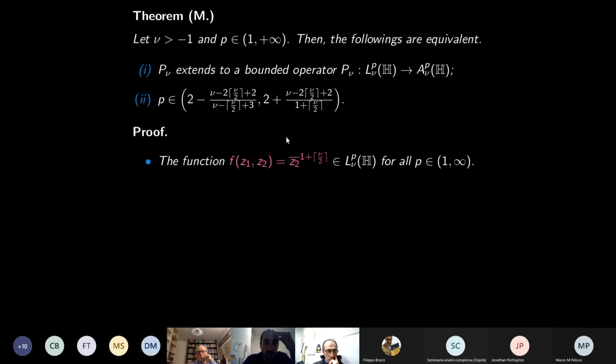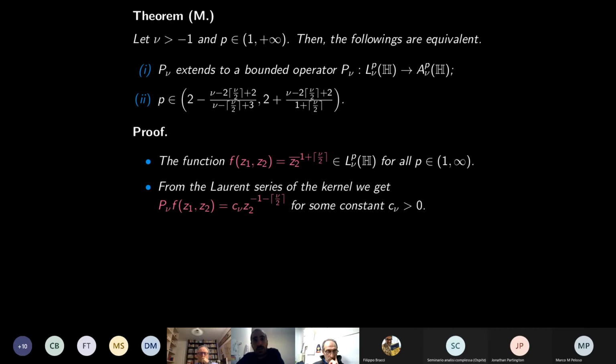So, for instance, now we consider the following function to prove the unboundedness of the projection. f of z1, z2 equals z2 bar to the power 1 plus the ceiling function of nu over 2. So this function easily belongs to any weighted LP for all p between 1 and infinity. And using the reproducing property of the kernel, we easily compute its projection.